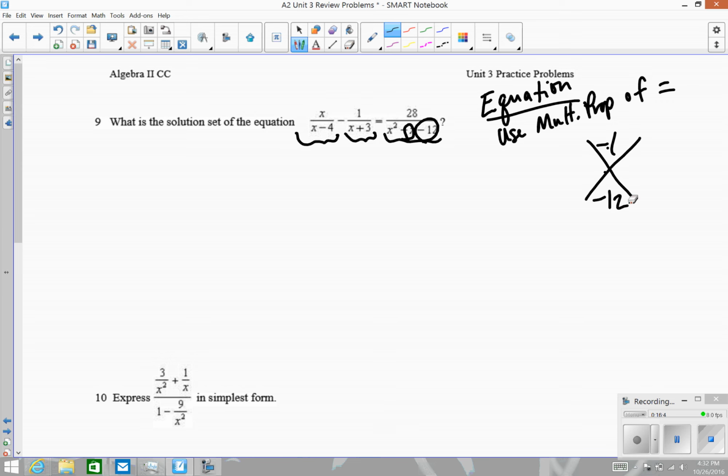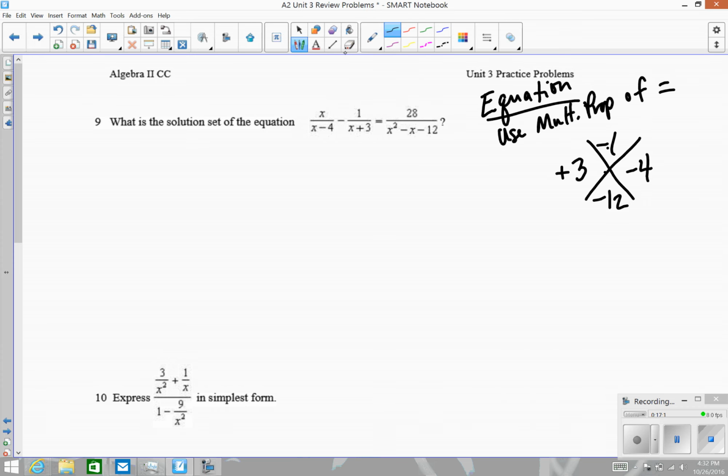So 2 numbers that multiplied to -12, one's going to be positive, one's going to need to be negative, and I'm going to add up to a -1. So I'm thinking -4, +3, and I'm going to replace that trinomial denominator with the factors so that I can see if I can get rid of some of this writing on here.